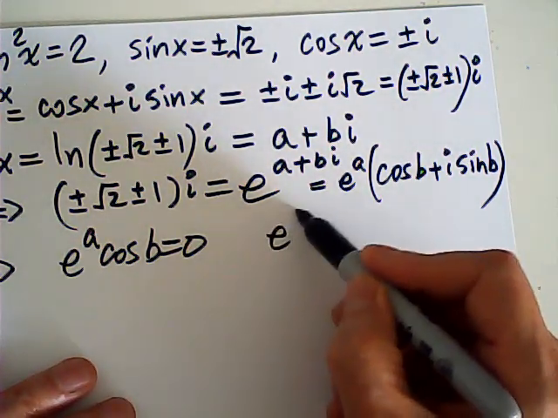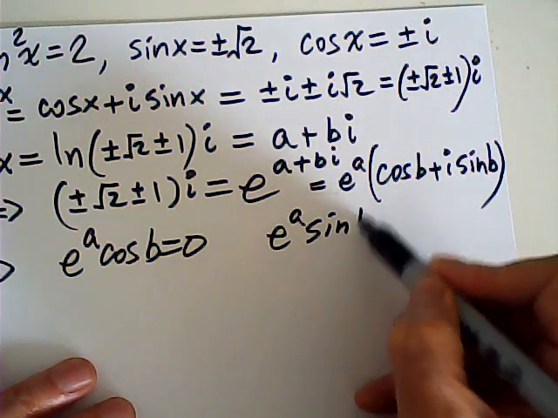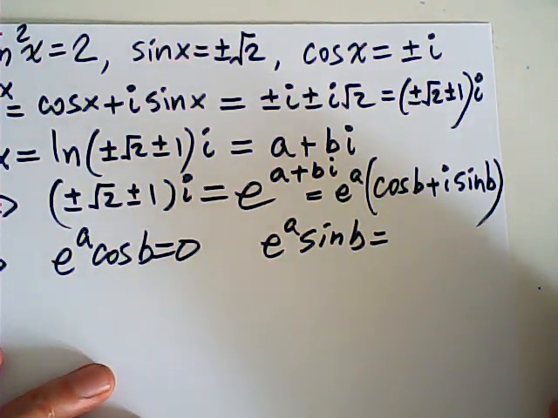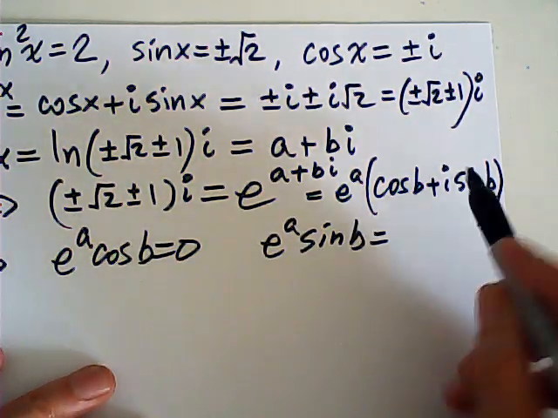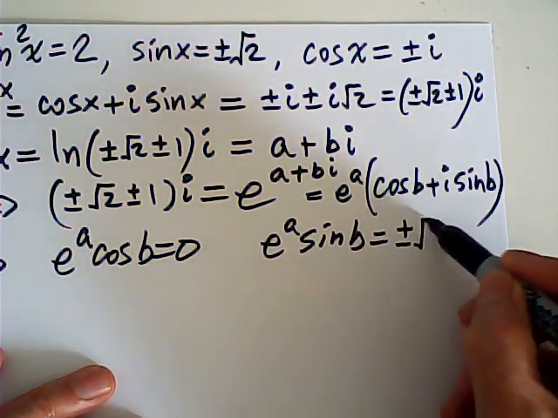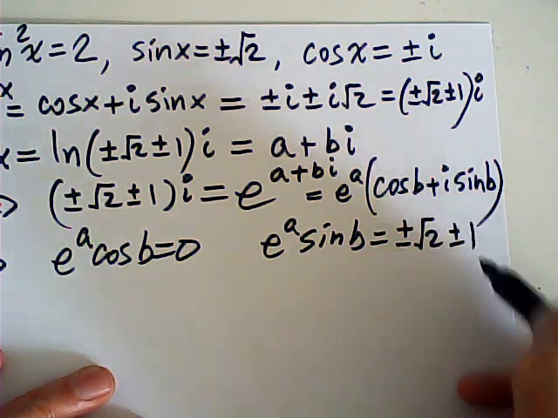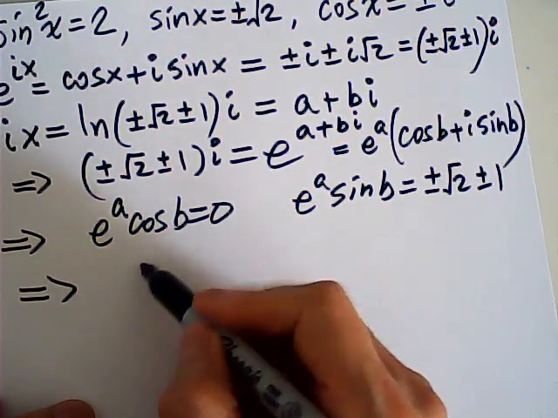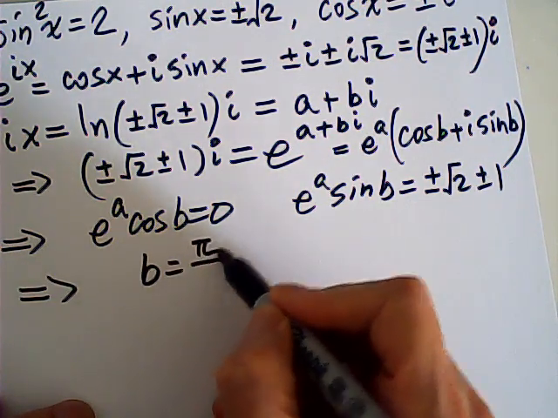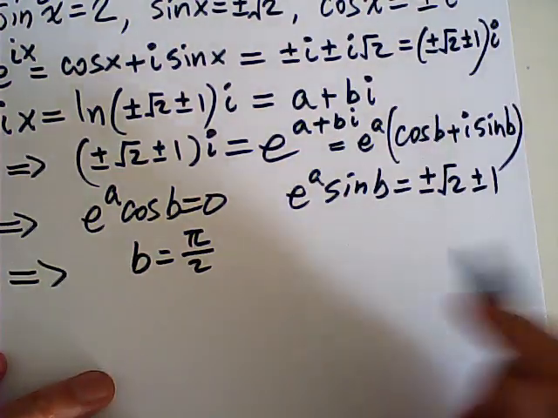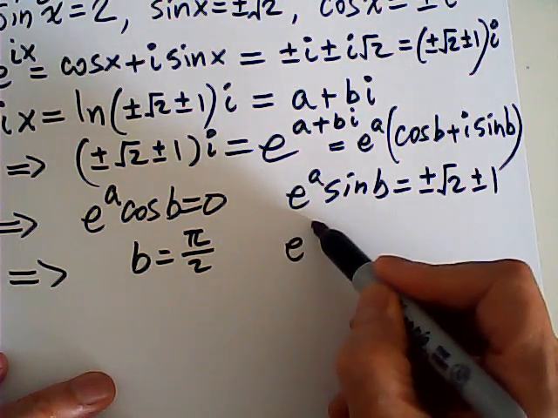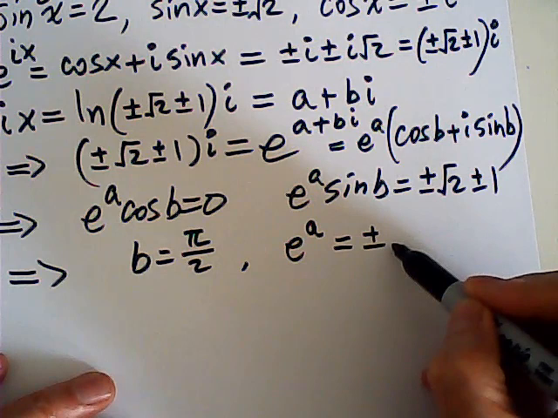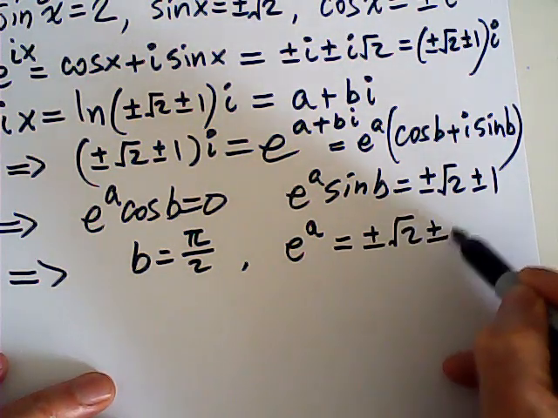And e to the power a times sine b must be equal to plus or minus root 2 plus or minus 1, right? So here we get b must be half pi. Therefore, e to the power of a will be equal to plus or minus root 2 plus or minus 1.